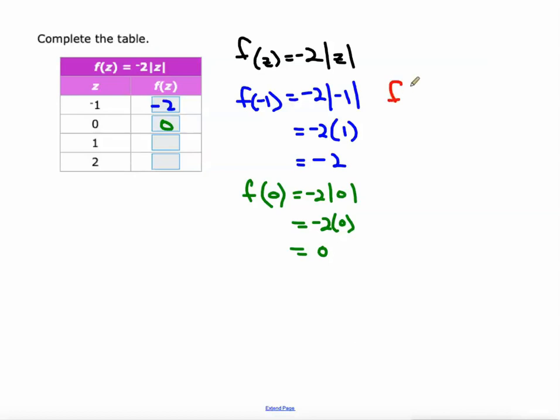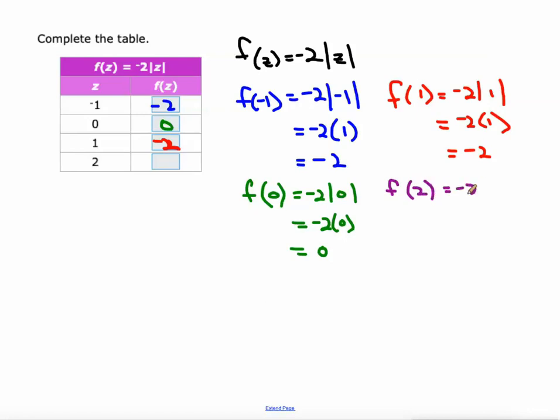All right, what about f of 1? Negative 2 times the absolute value of 1 in that case. The absolute value of 1 is 1, and negative 2 times 1 is negative 2. And lastly, we'll do f of 2.